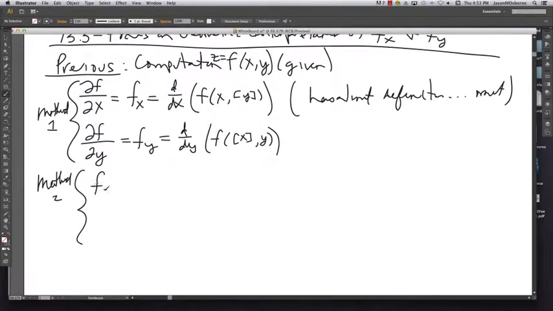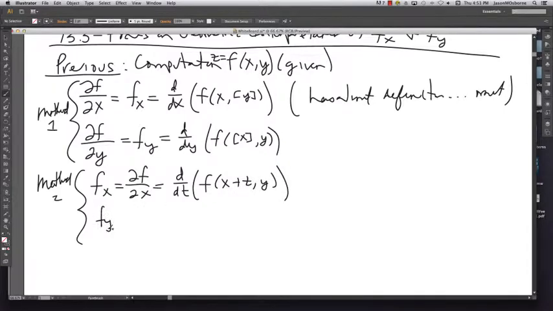For the partial derivative of f with respect to x, to do this more in terms of a parametric formulation, it's the derivative with respect to t of f of x plus t comma y, and f sub y, the partial of f with respect to y, is the derivative with respect to t of f of x comma y plus t.